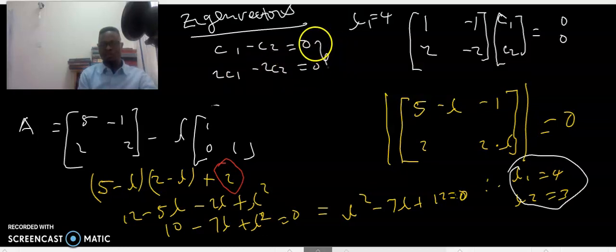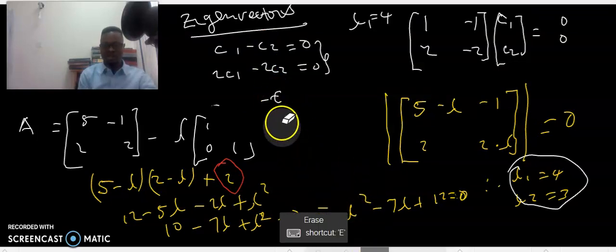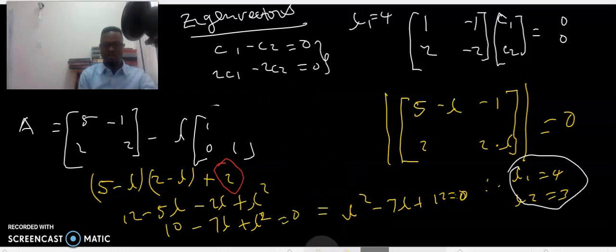So finding what will be the value of c1 and c2, let's take c1 for instance. C1 will be equal to c2 when it crosses over to that side, which means that our value for c1 will be equal to 1, and our value for c2 will also be equal to 1.